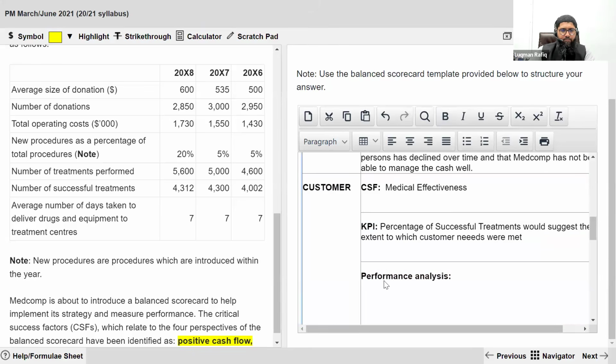Right? Okay. So again, 2000x6, 2000x7, 2000x8.